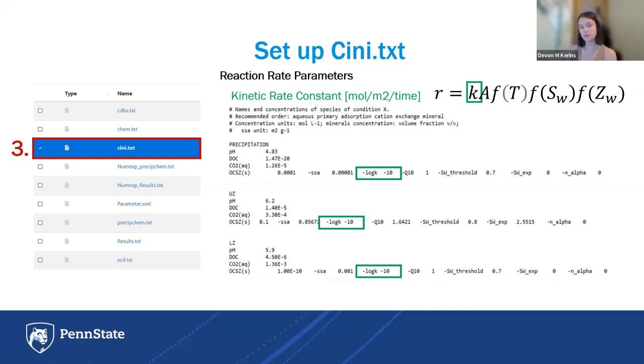However, when we do a lot of these modeling reactions, because so many of those kinetic rate constants are determined in laboratory settings, they tend to not represent the kinetic rate constant that's actually seen in a natural system. So we've allowed the user to be able to specify this kinetic rate constant themselves. And so again, we have it for each zone here.